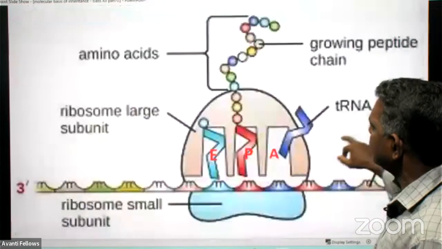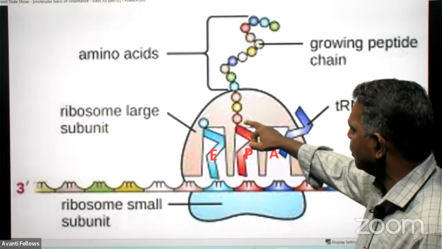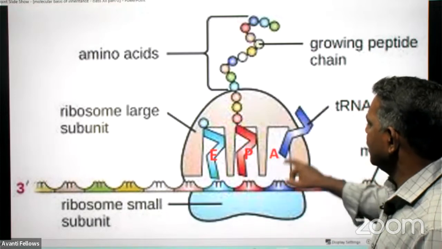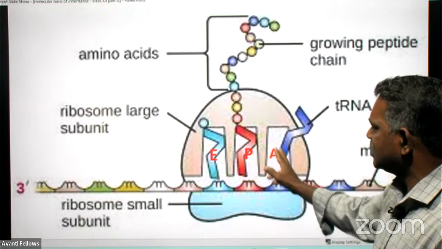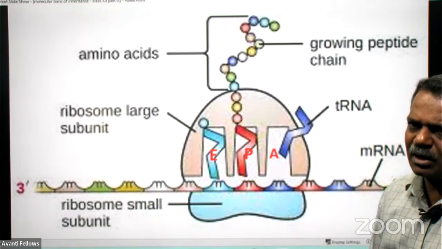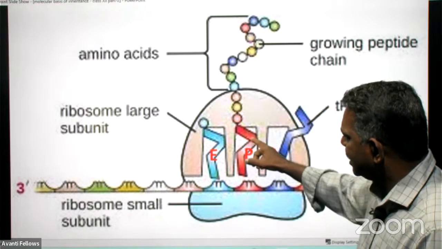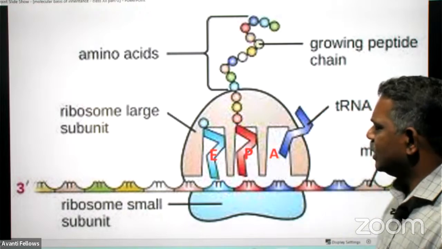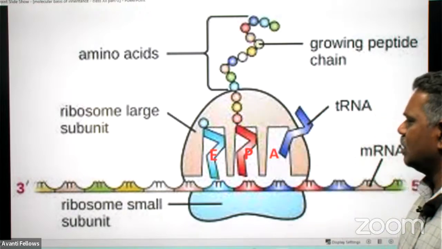The P site only. The methionine is attached here, and second one attached to the A site. Now A site is attached with the tRNA and P site is also attached with the tRNA. Whenever the ribosome moves, naturally from the P site, tRNA is taken to the E site, and from the A site, it is taken to the P site.